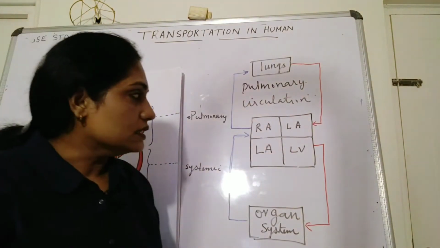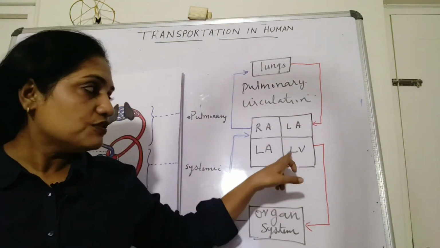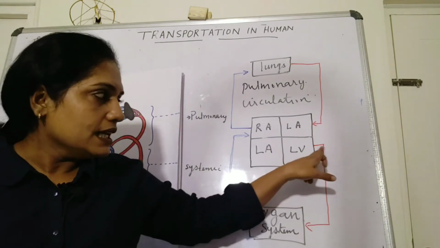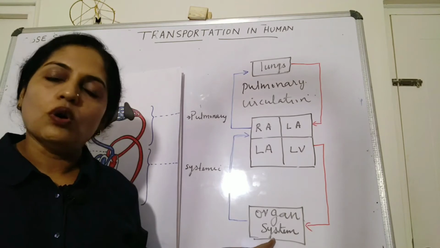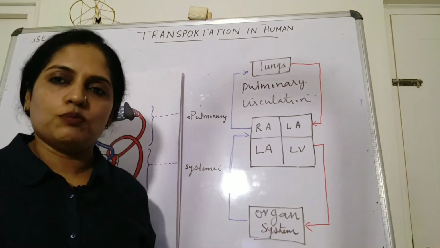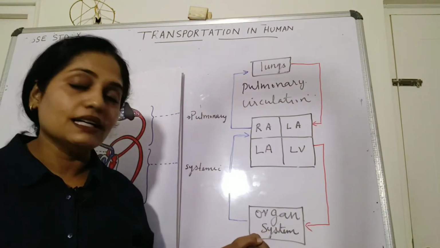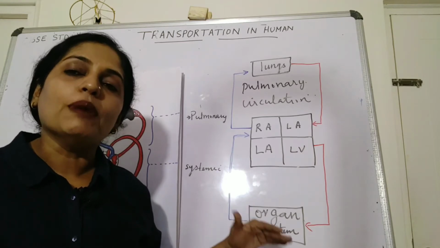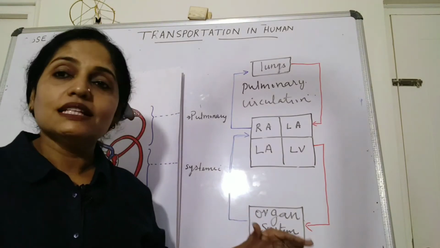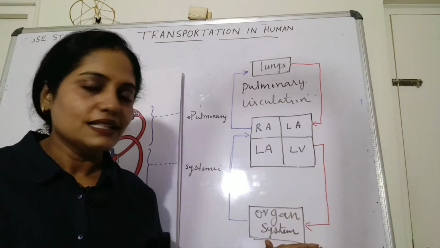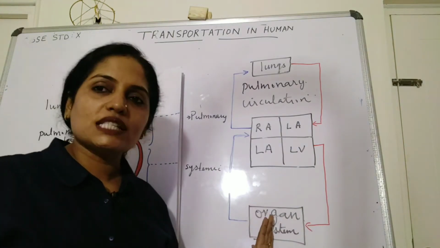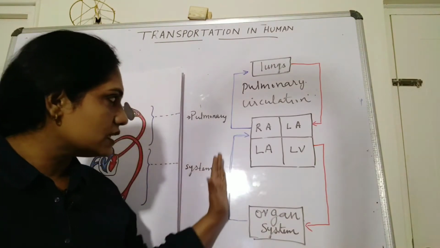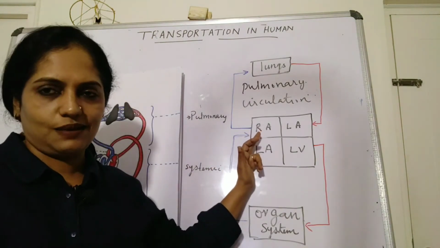After that, the oxygenated blood from the left ventricle is pumped into different parts of the body or organ systems, and there oxygen is used up by the tissues and the oxygenated blood is converted into deoxygenated blood, which is then transported into the right atrium.